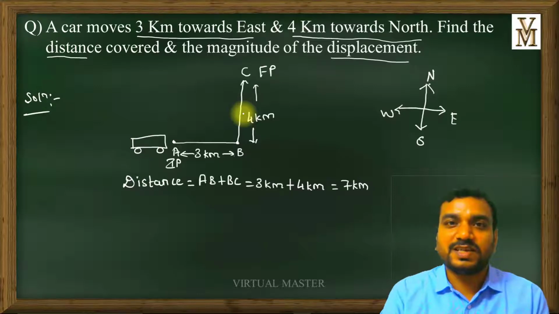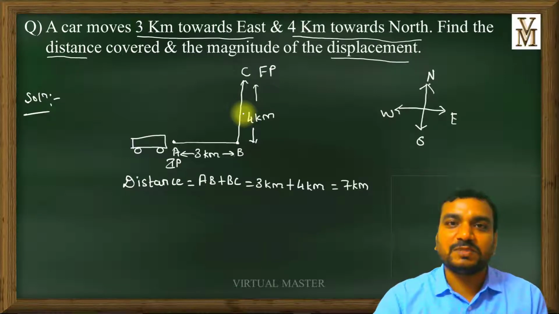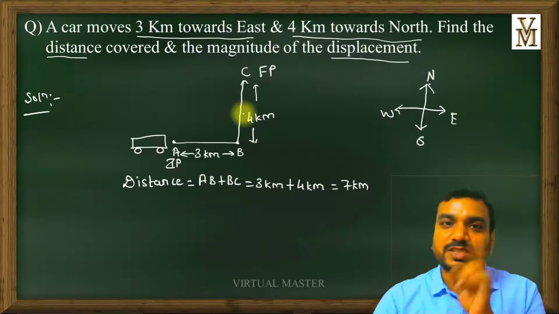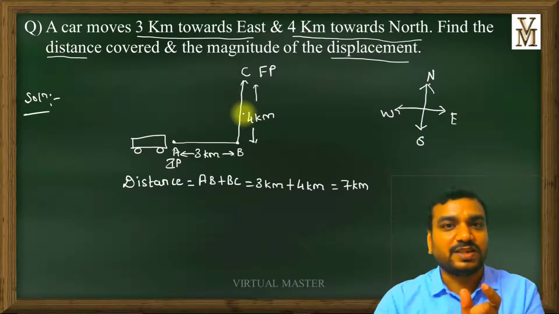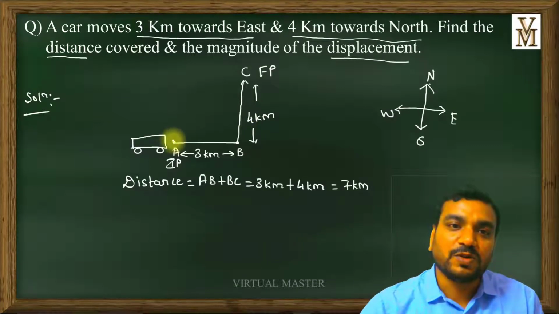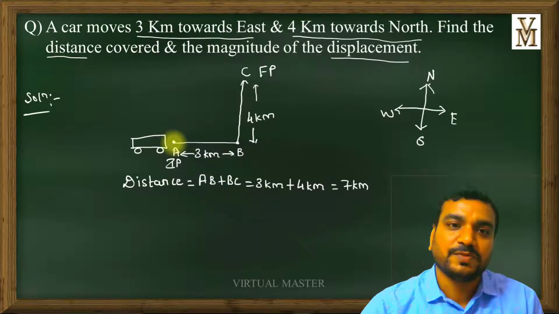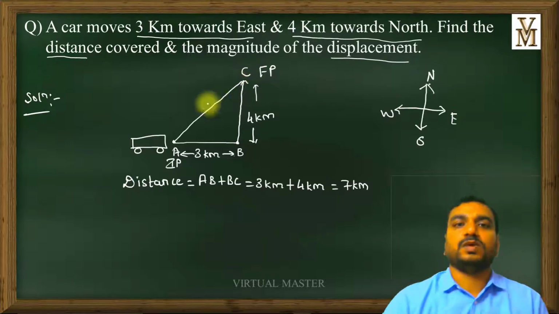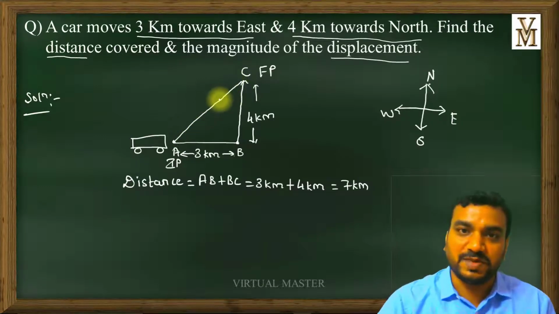If we draw a straight line between the initial position and final position, the length of the straight line gives us the shortest distance between A and C. So we have to draw a straight line between A and C, and the length of this straight line AC gives the displacement.